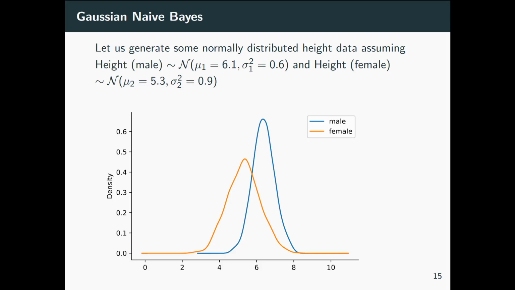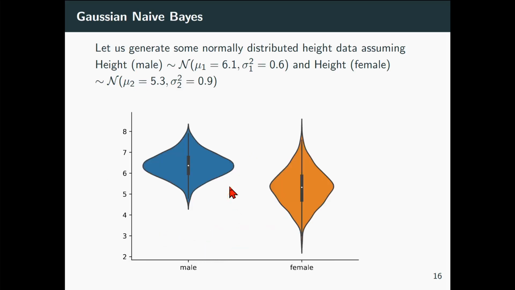This is a plot where I sampled, I believe, 1,000 samples each from these two distributions, and then I did a kernel density estimation plot, a KDE plot. You can also visualize the same thing using something known as a violin plot, which also helps you understand this better.